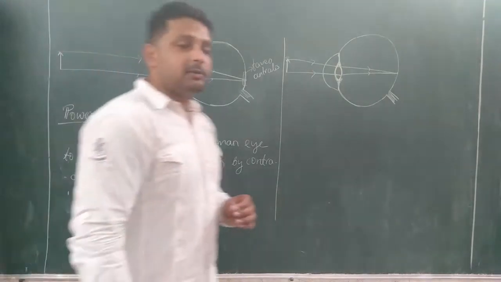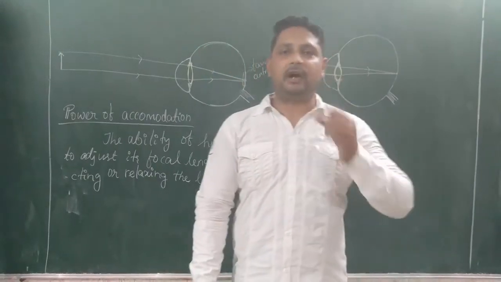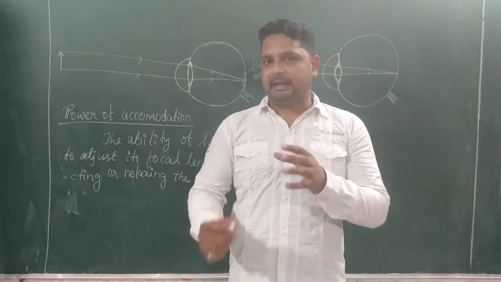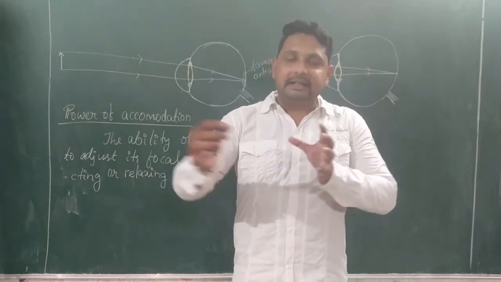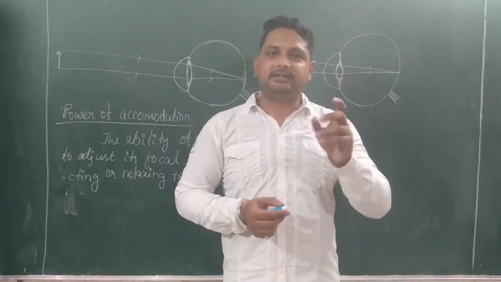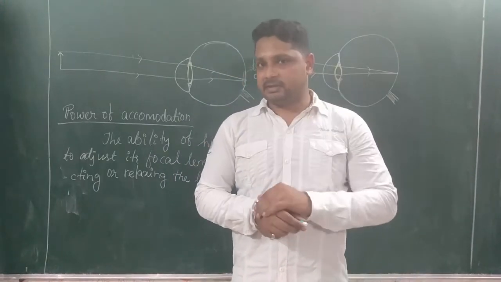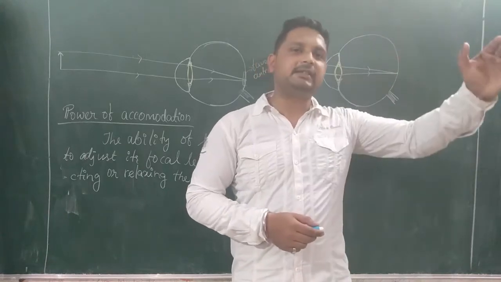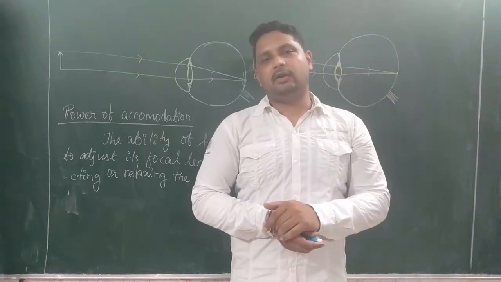It is the ability of our eye to adjust its focal length by either contracting or relaxing the ciliary muscles, due to which we can instantaneously change our sight from a distant object to a nearby object.